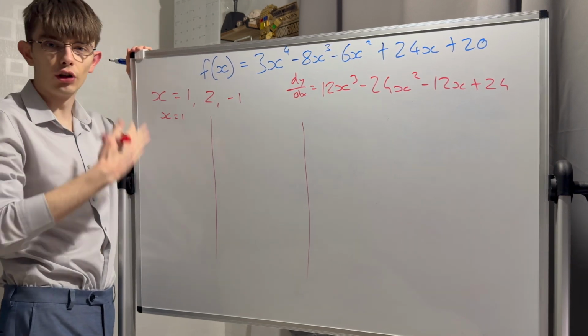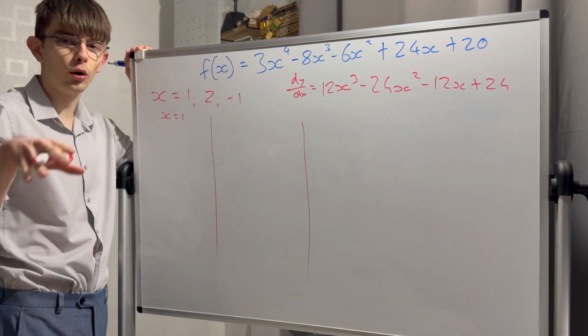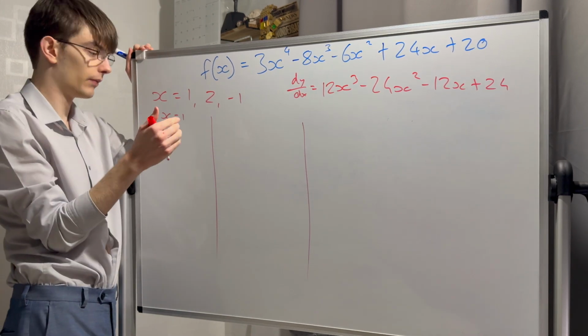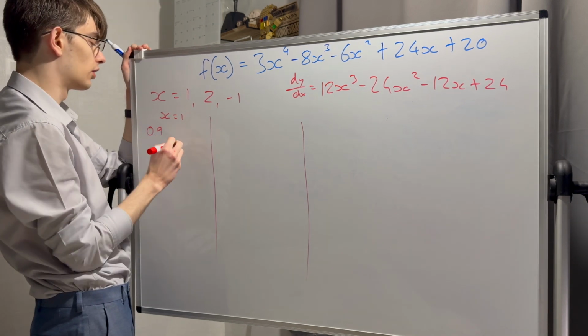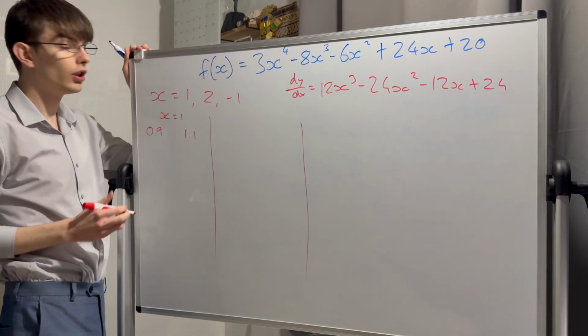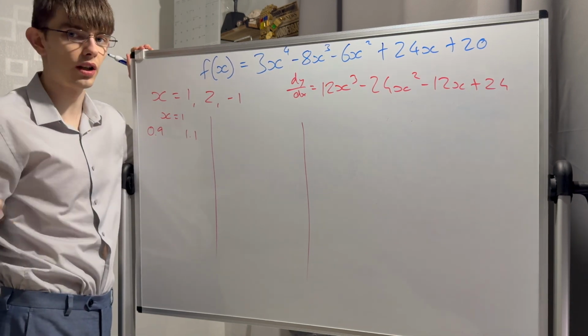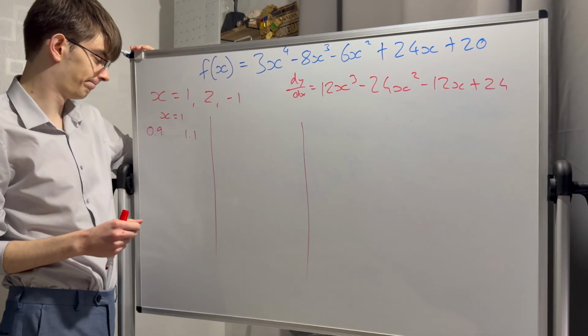I'm not going to choose 0 and 2, or 0.5 and 1.5, because I don't really know what's going on with the graph. It might end up having loads of little bumps in that area. So to get as close as possible, I'm going to choose 0.9 and 1.1. You could technically choose 0.999 and 1.001 if you wanted to, but 0.9 and 1.1 will be fine.